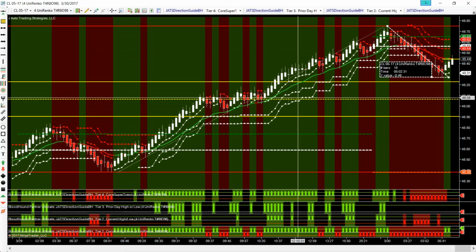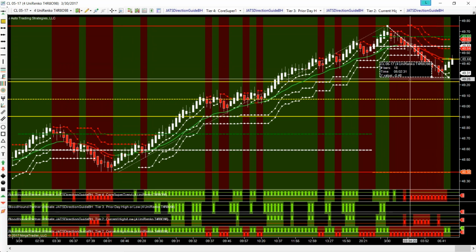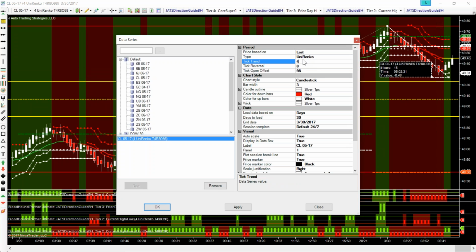So let me show you a few tricks of what you can do with the Unirinco bars. First, because I have a 48 tick cycle, I want a 48 tick range. And so you can take your tick trend and reversal and slice that up. So 48 ticks divided by 2 would be 24.